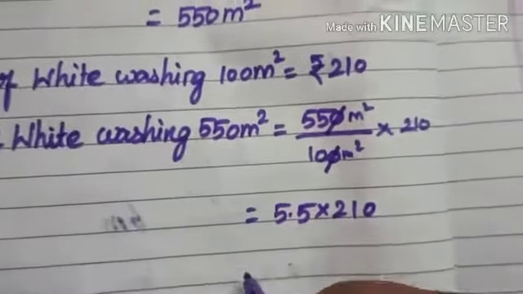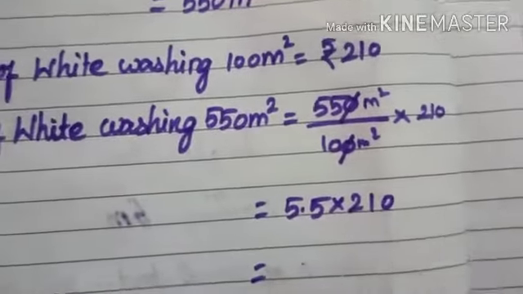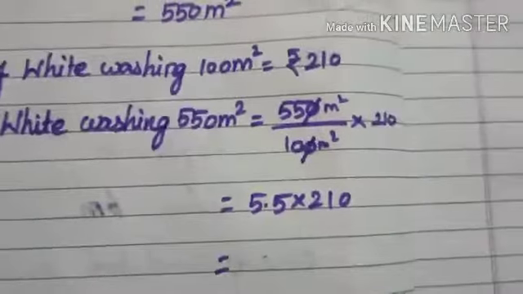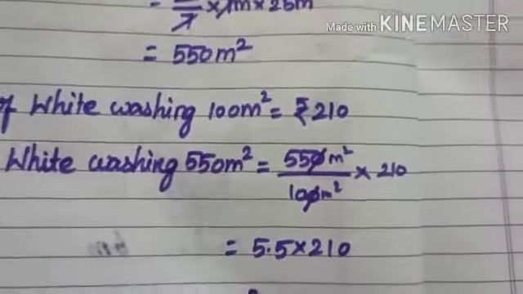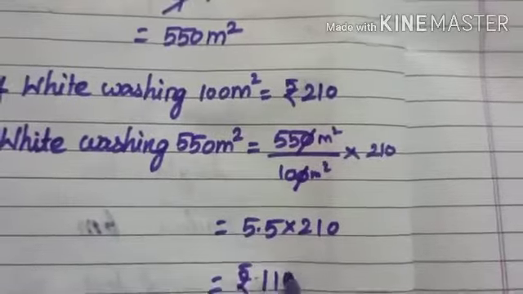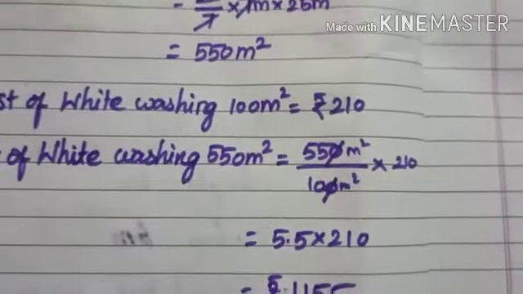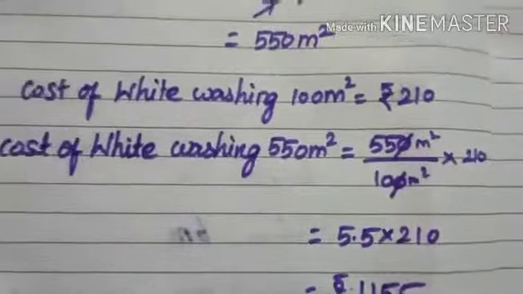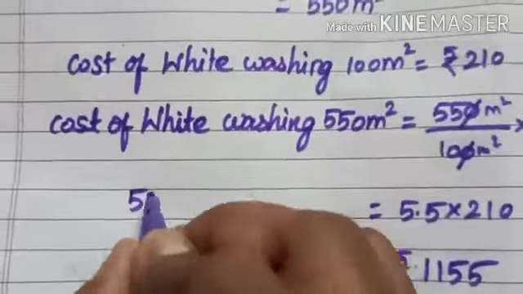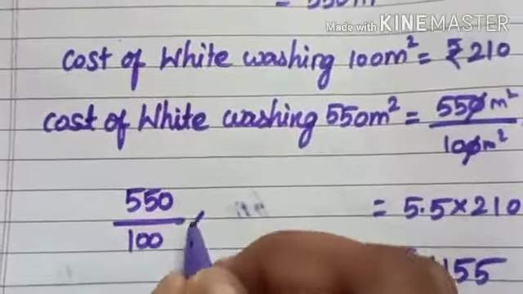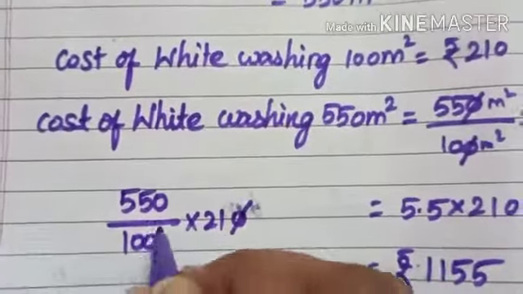Now you multiply this and you get the amount: rupees 1155. You can cancel in the same manner: 550 divided by 100 into 210, cancel this 0 and 0.